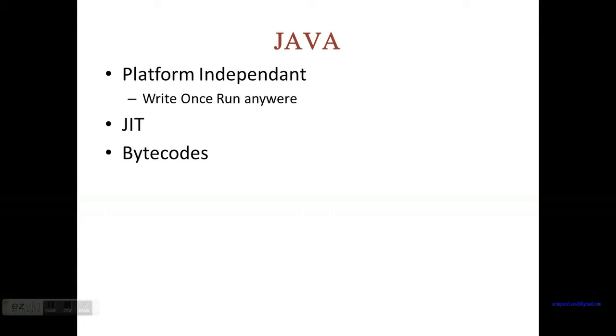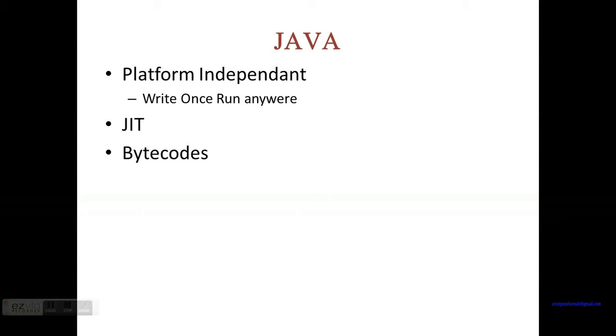This means when you write a Java program, you can write it in Windows or Unix or in some other OS like Solaris or Mac OS. It doesn't matter. You stick to your coding standards and write your code in the Java programming language. And once you write the program, you can run it on any machine, anywhere, on any platform.